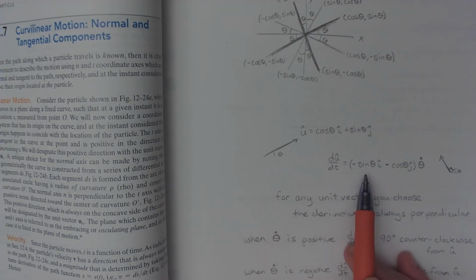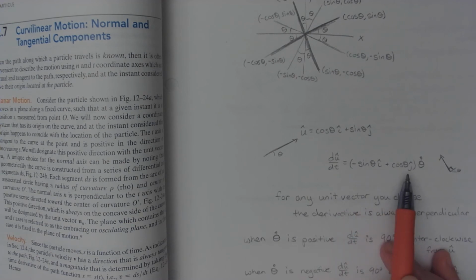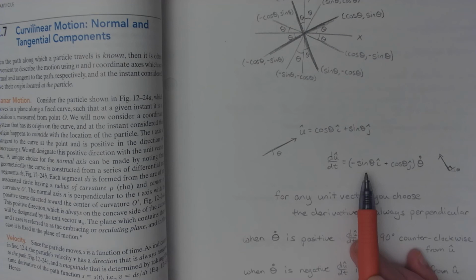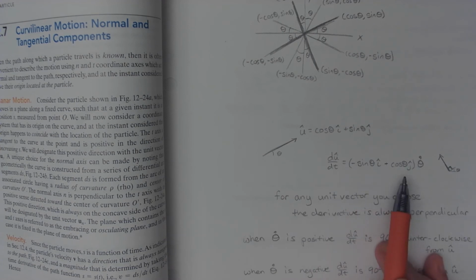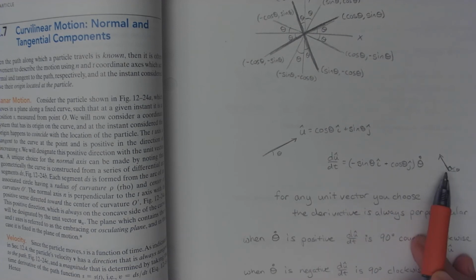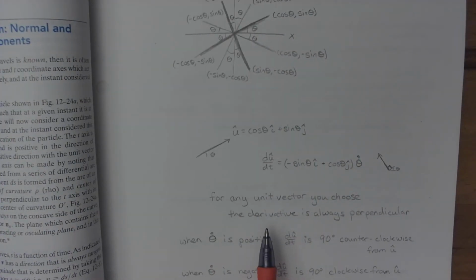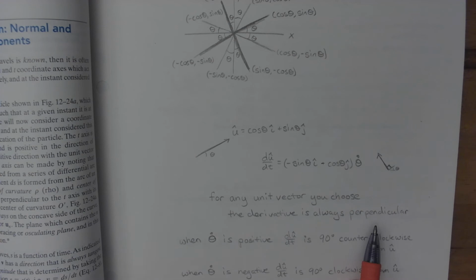Then minus sine theta i hat plus cosine theta j hat is going to be a negative x component and a positive y component, so that is in the second quadrant. And these two vectors are perpendicular to each other. So whenever you take the derivative of a unit vector, what you get is always perpendicular to the original vector.